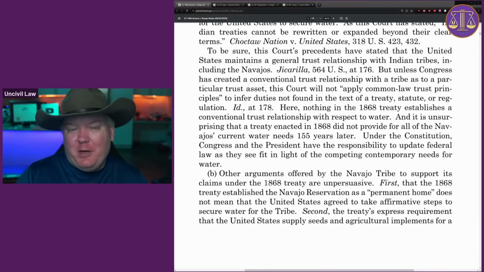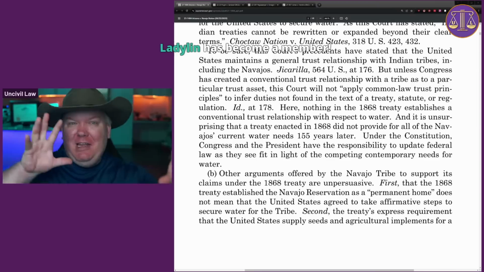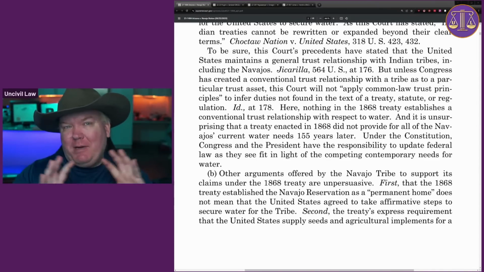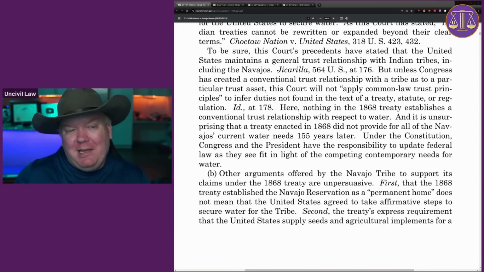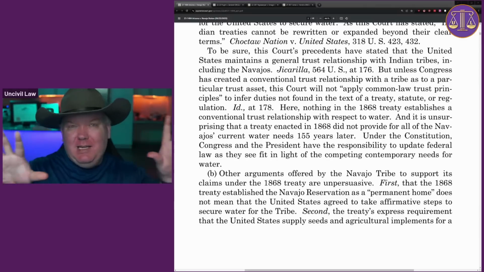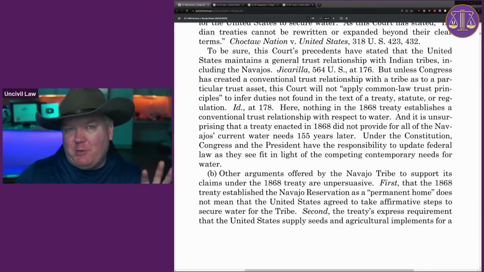So yes, there is a general trust relationship that exists kind of in the ether, but not with respect to any particular property. Okay, so that's an interesting idea. Here, nothing in the treaty establishes a conventional trust relationship with respect to the water. So we have a duty to you very vaguely as a tribe, but not with respect to the water.